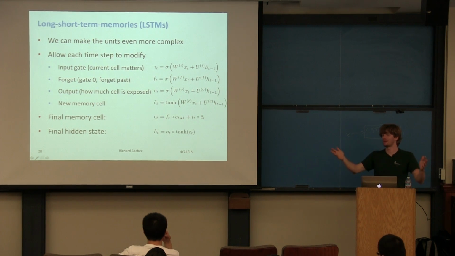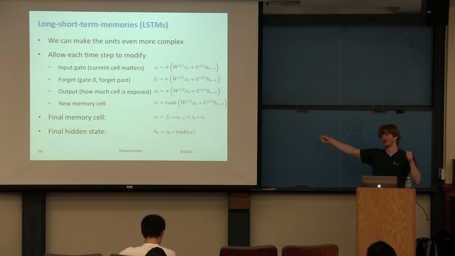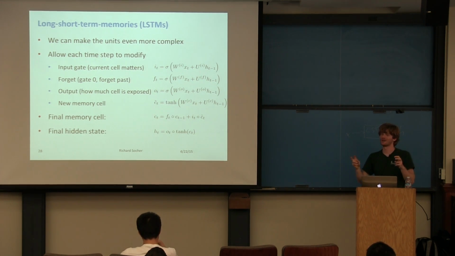For this simple synthetic problem I described earlier, where I give you A's and B's, and I want you at some point to say yes if I gave you exactly the same number of A's and B's, or no if they're slightly different. So I could give you 100,000 A's, and now for the next 99,999 steps, you should be able to say no, no, no, no, which means you basically now have to have a tracker around. But maybe I don't ask you to output it every time. Maybe I only at the very end tell you yes or no. And now you have to keep this tracker around at every time step without actually giving it as output.